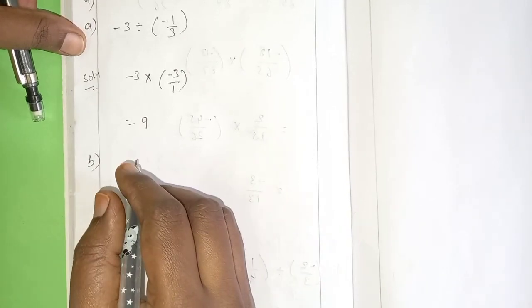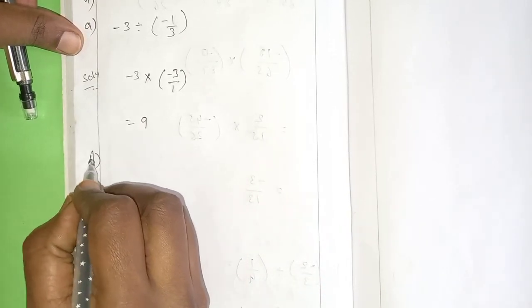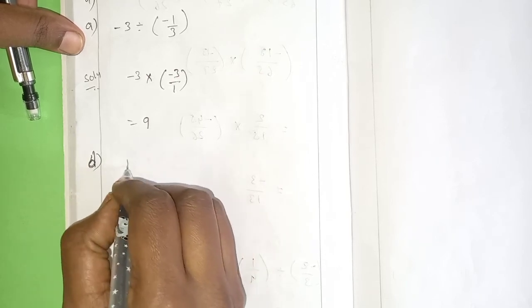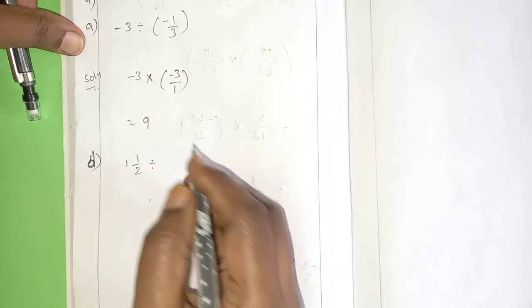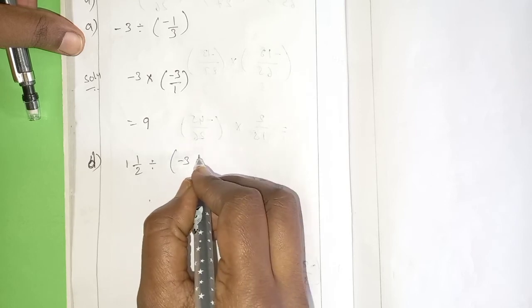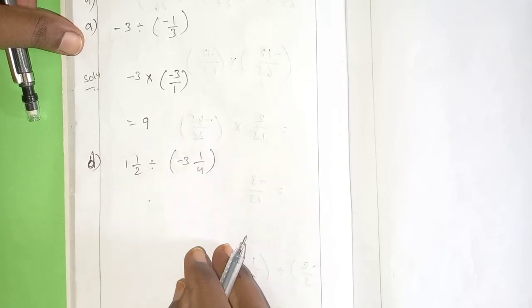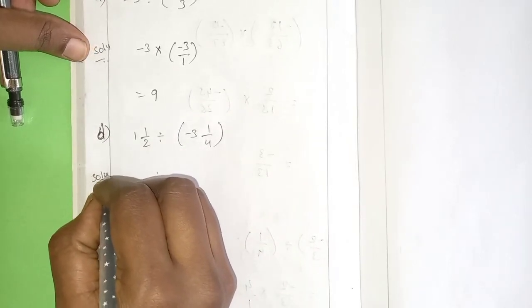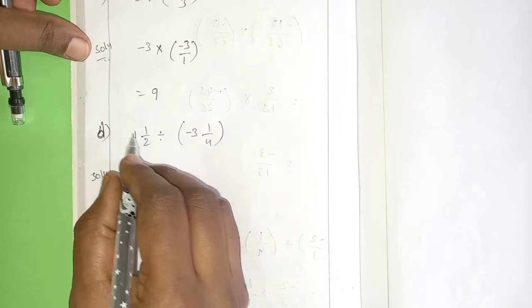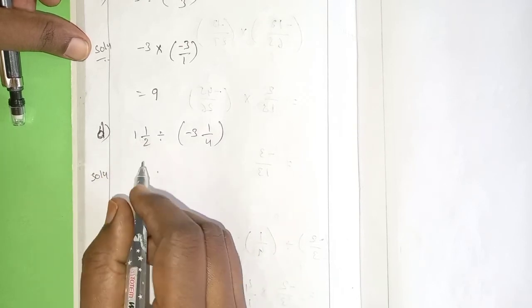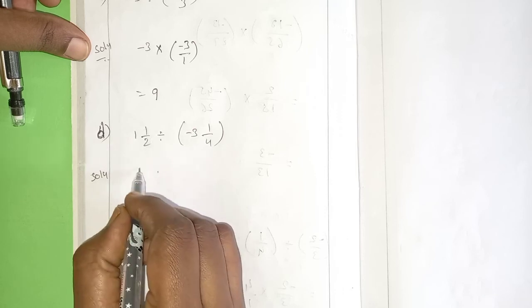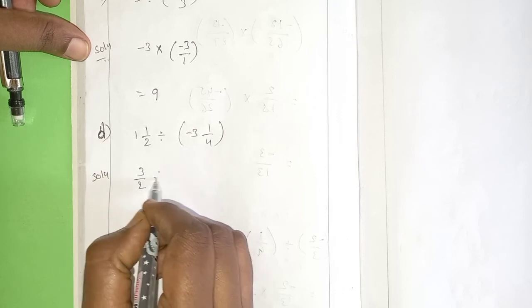B. Okay, let me explain D. D: 1 by 2 divided by minus 3 1 by 4. Mixed fraction. 2 1s are 2, 2 plus 1 is 3, so 3 by 2.